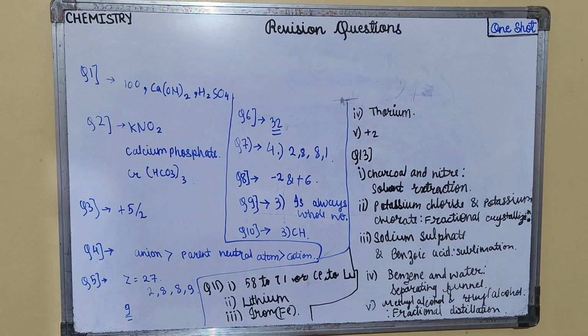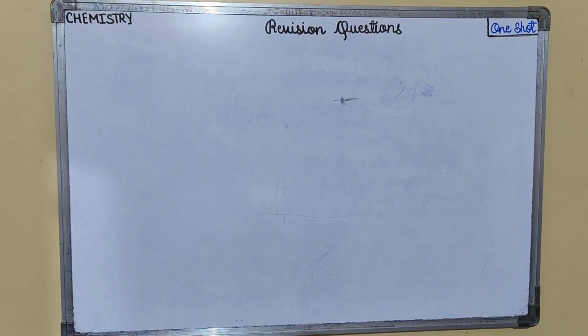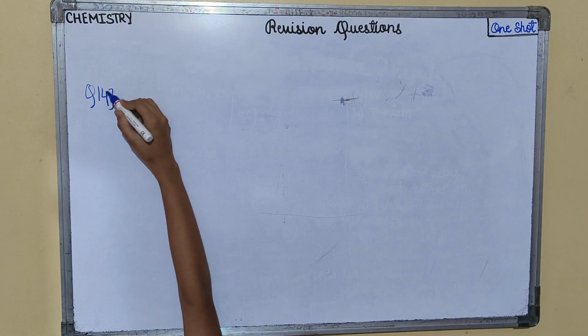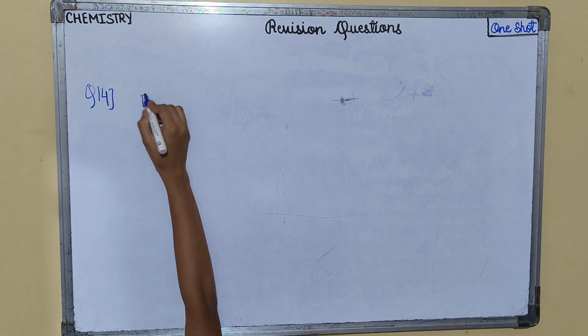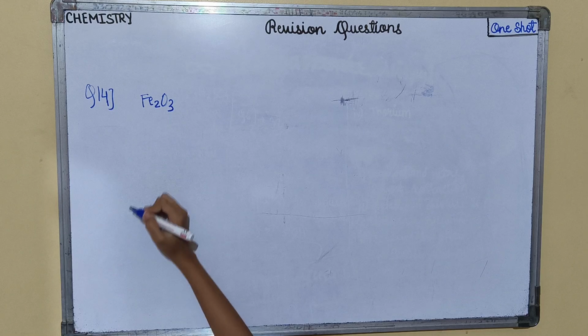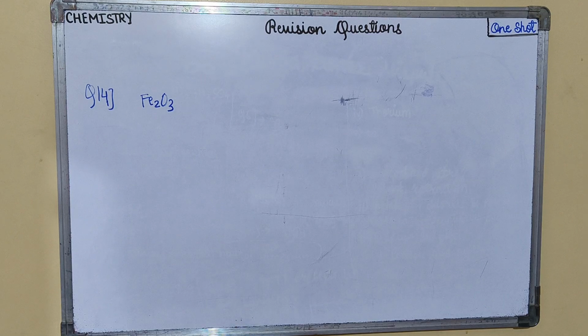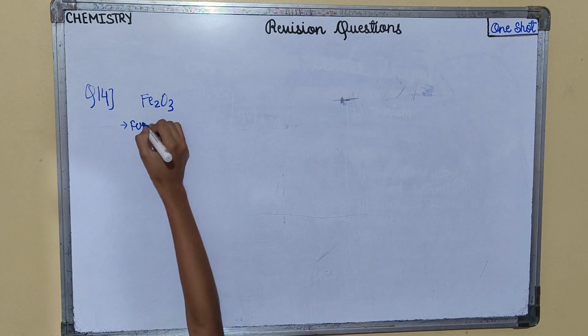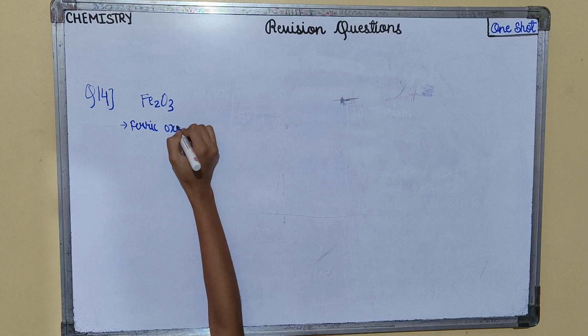Next question, question 14: name the following compounds. First, which is Fe2O3. Fe2O3 is ferric oxide.